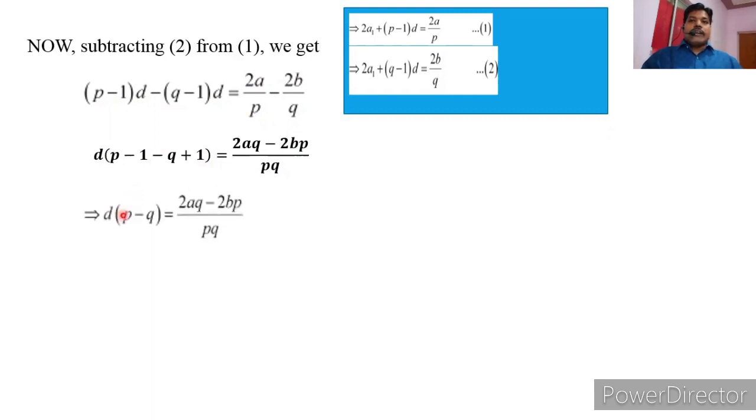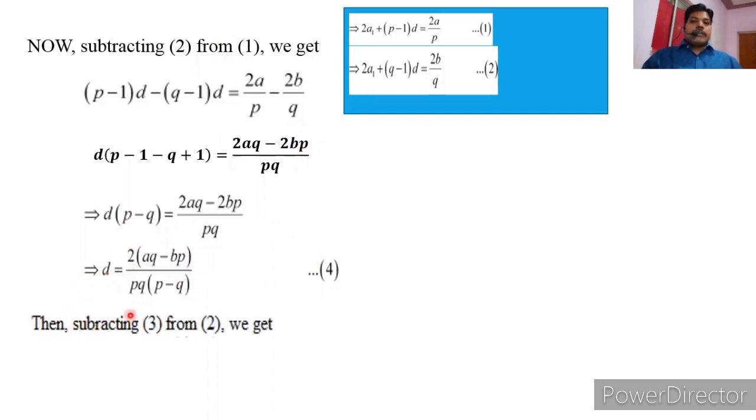You will get d into (p minus q) is equal to (2aq minus 2bp) by pq. Take the d value and take p minus q to the denominator: d is equal to 2 into (aq minus bp) by pq into (p minus q). This is equation number 4. So I did 1 minus 2 and got the d value here.